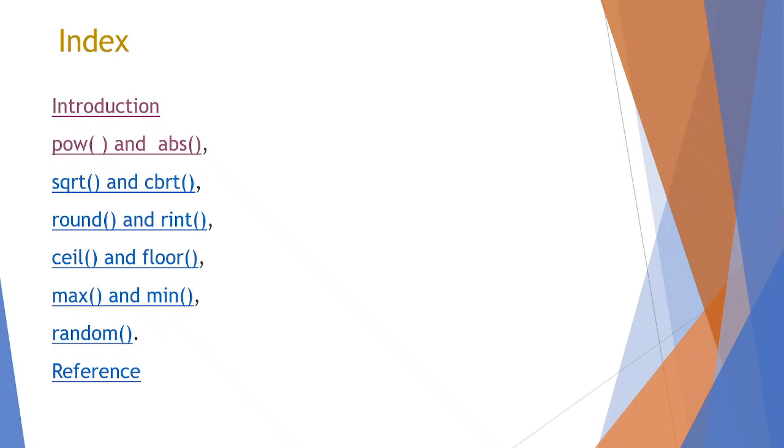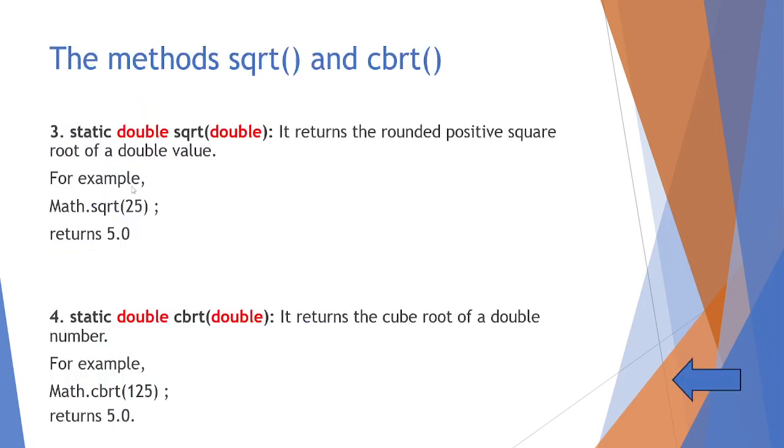Now let's understand square root and cube root. We mostly know the square root and cube root methods, but the usage is Math.sqrt. This is a static method, and sqrt takes one parameter and returns a double value. So if I say Math.sqrt(25), it returns 5.0.